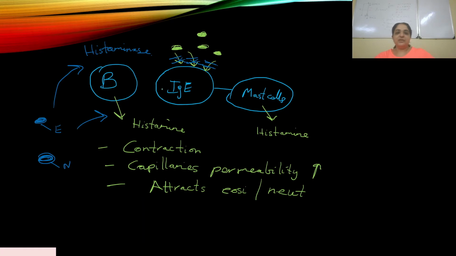Also, neutrophils will attack any foreign debris that is present there. So this is the function of eosinophils, neutrophils, basophils, mast cells. This is how they are actually interacting with each other in an allergic reaction.